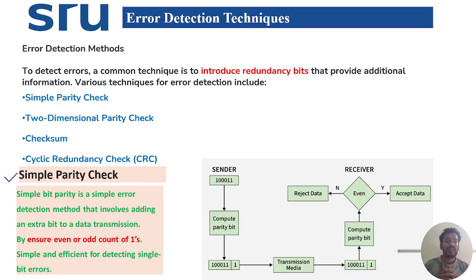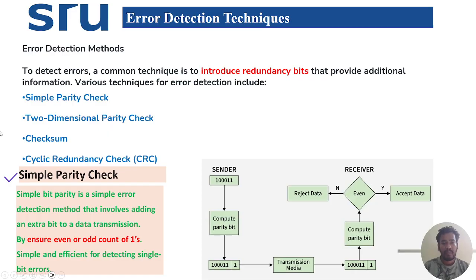Coming to the simple parity check method. The simple parity method is an error detection method that involves adding an extra bit to the data while transmitting. The redundancy bit is based on counting the number of ones that appear in the data.